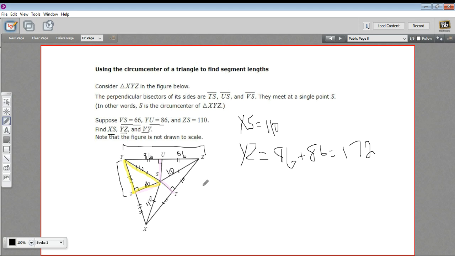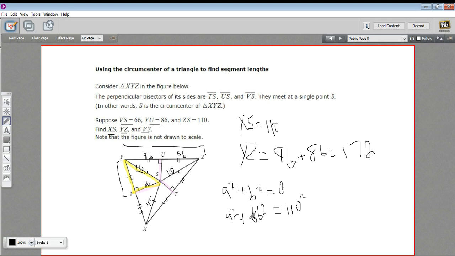So I could use the Pythagorean theorem, a squared plus b squared equals c squared. The hypotenuse here is the 110 side. So the c squared is 110 squared. B squared we can put in as 66 squared, and then we'll solve for a squared. Well, we'll solve for a.